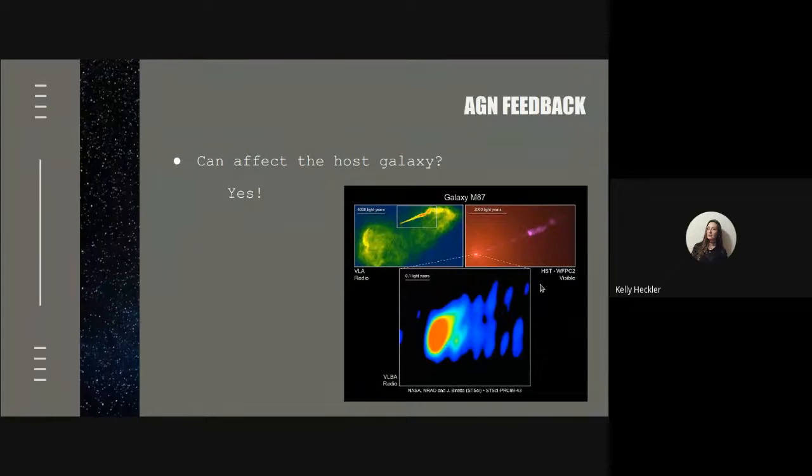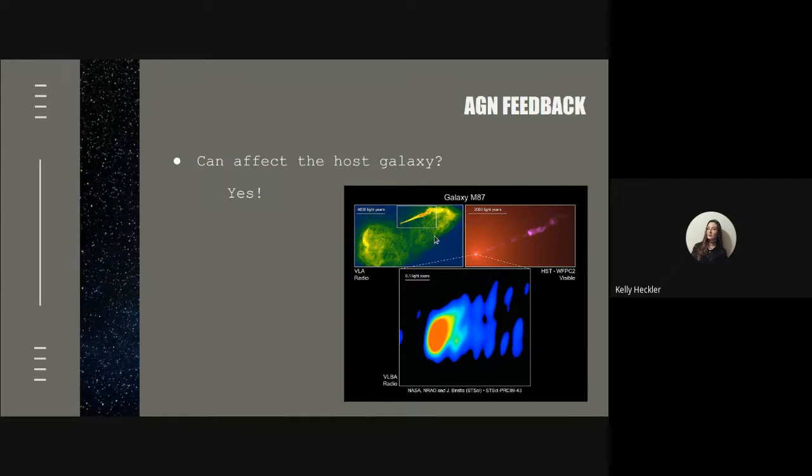Since the AGN is a megaluminous and powerful object, does its presence have the ability to affect the host galaxy? The answer is yes. The AGN feedback can affect the host galaxy, as well as the environment beyond the limits of the galaxy itself.